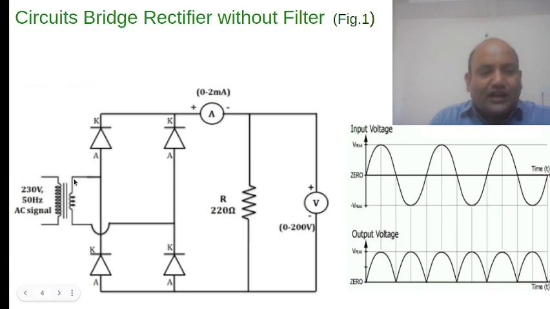Your current conduction path is from here to here, then enters the load resistance, and then enters the transformer negative. So it is coming from the positive of the secondary of your transformer, and following this path.